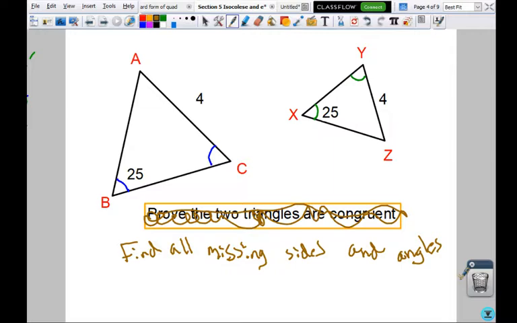Same numbers and stuff. Actually, Z equals 130. Y equals 25. There's no game on his computer. What are you talking about?